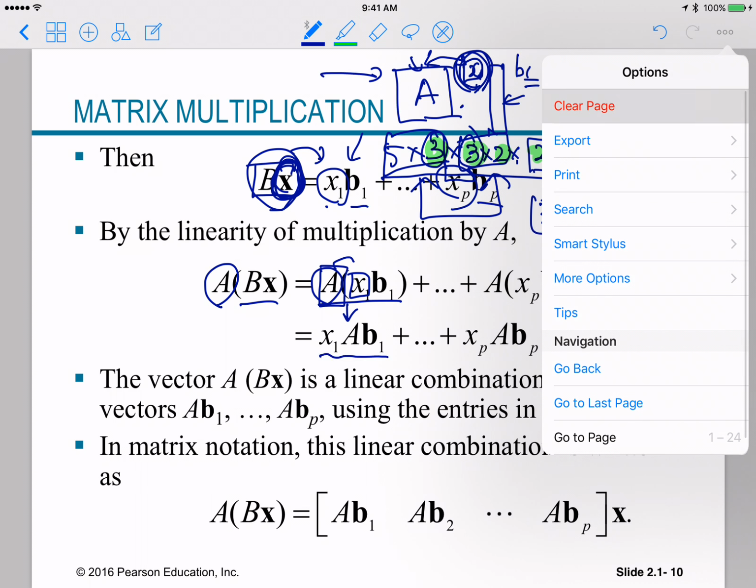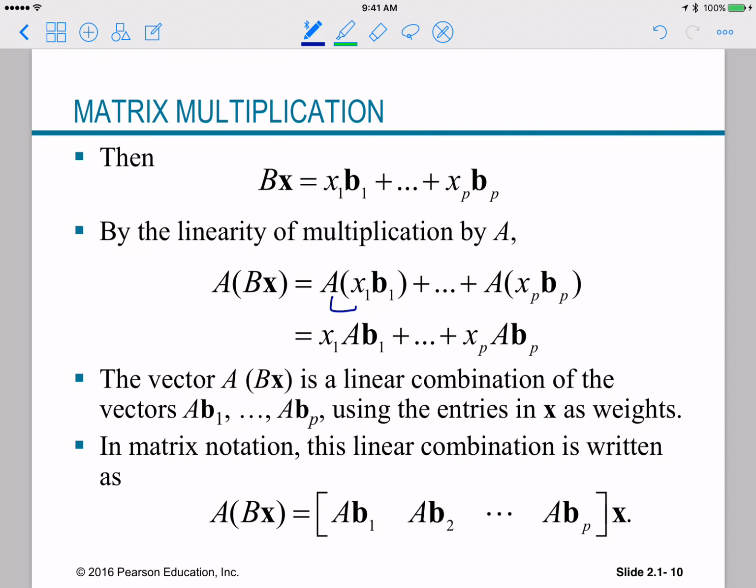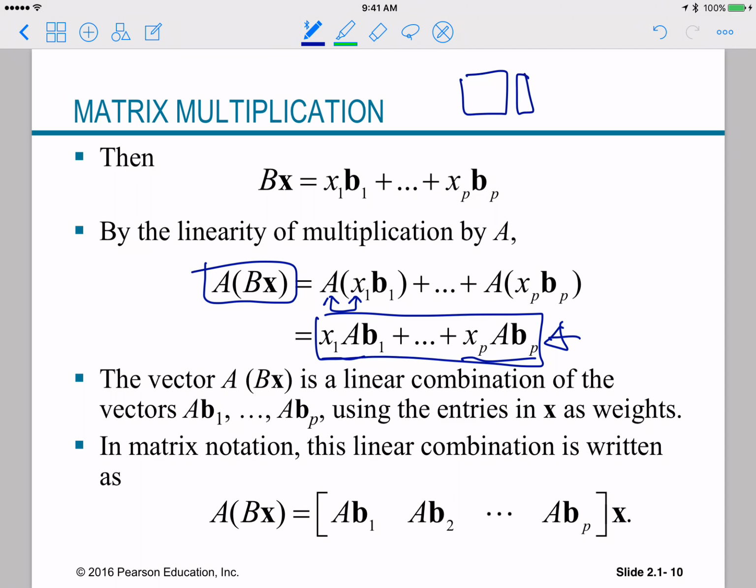Okay. So we change the order here, and then we obtain this, which is the result after going through the entire two-step process of functions or transformations. This can be viewed as a vector equation, because if you think about the size, A is something like this, and B1 is a vector, so this will give a column vector.